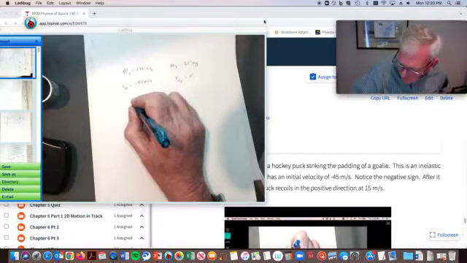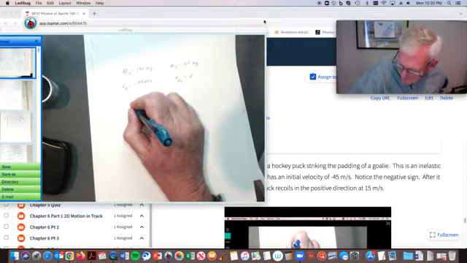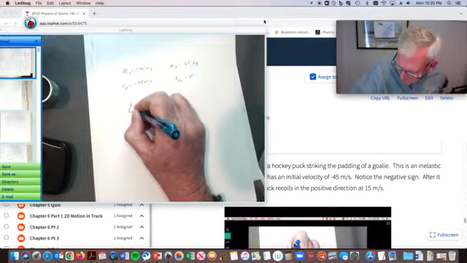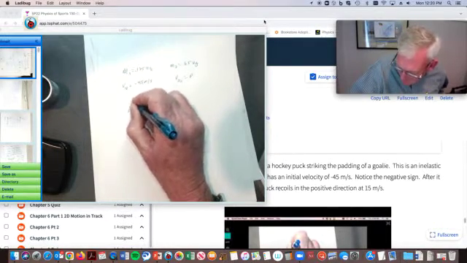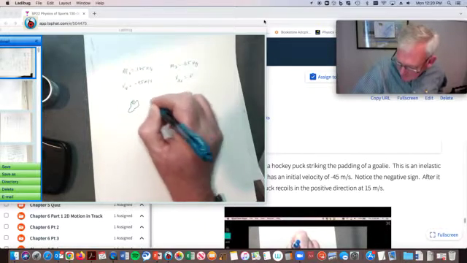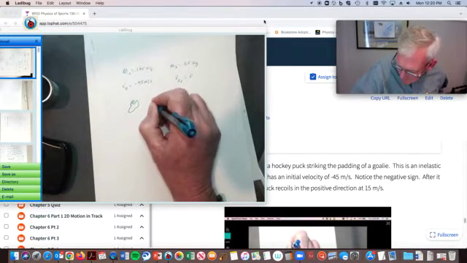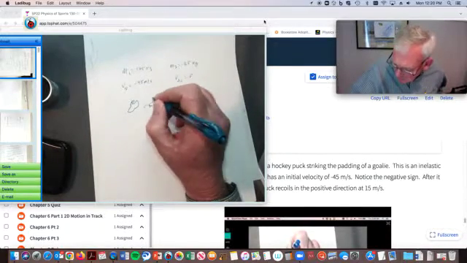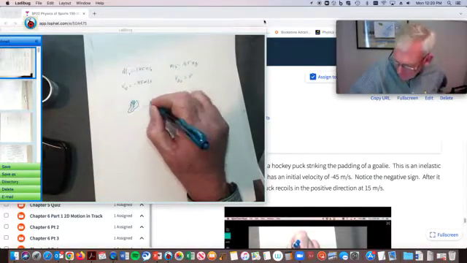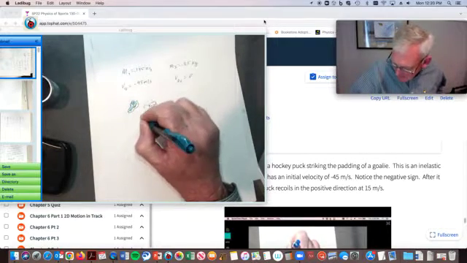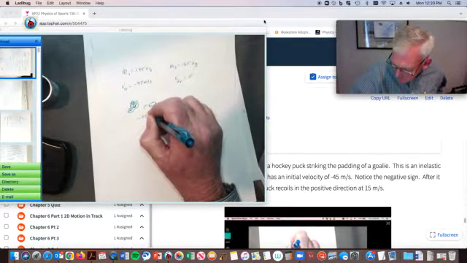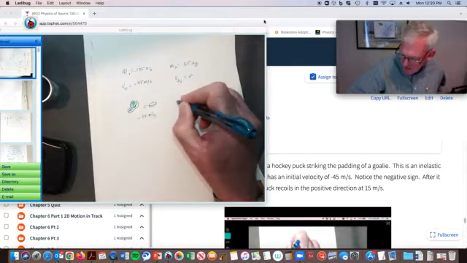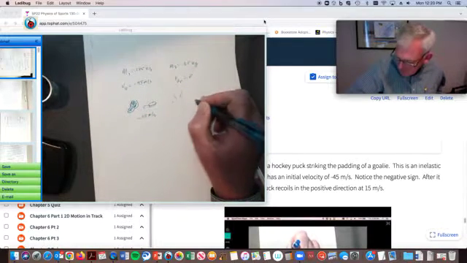So here's the way I've drawn it, and that might be part of what's confusing. Here's my hockey glove, the best I can. Looks like a lobster claw. It's stationary here. The hockey puck is coming in here at minus 45 meters per second, and then boom, they have a collision.